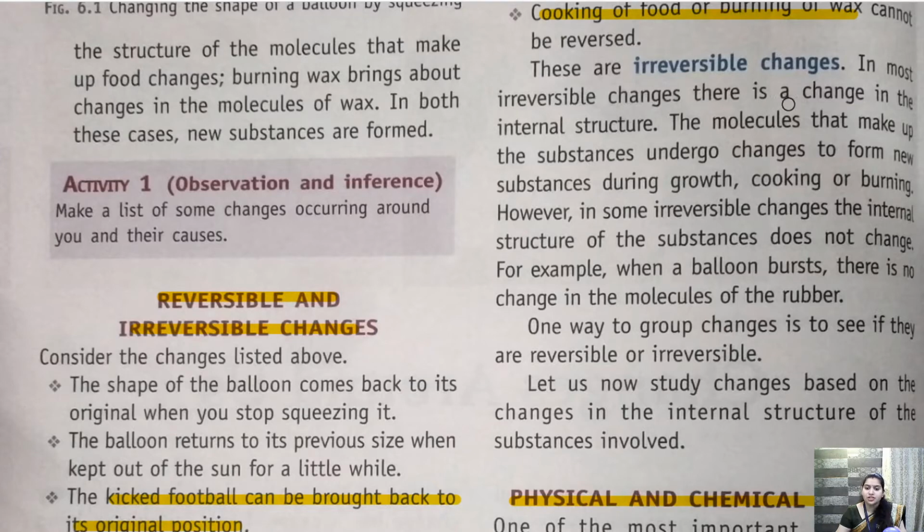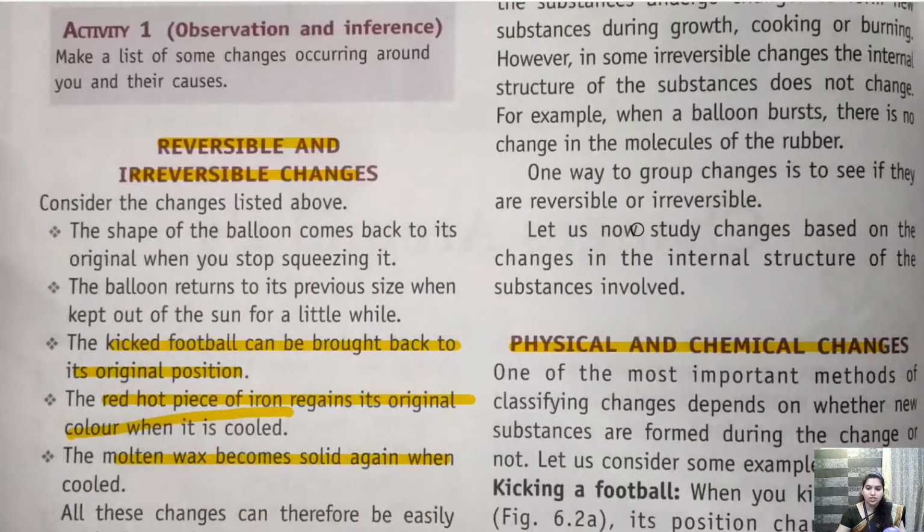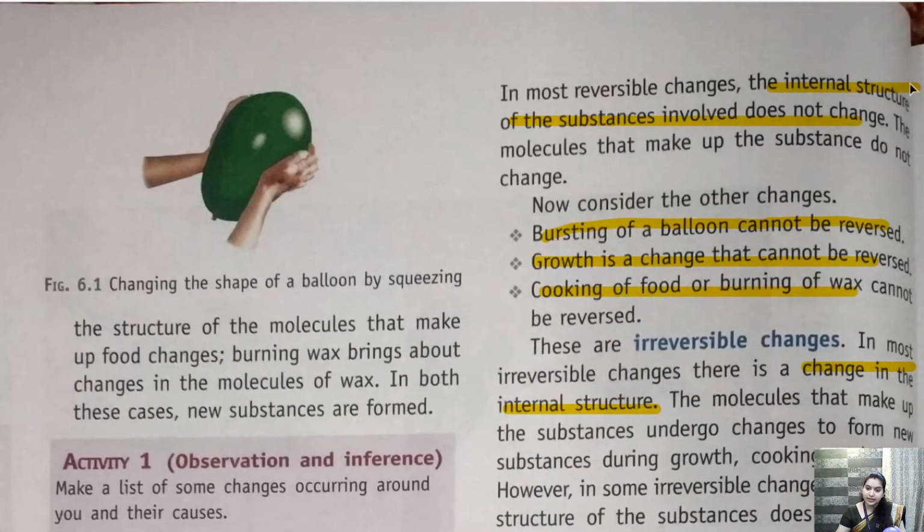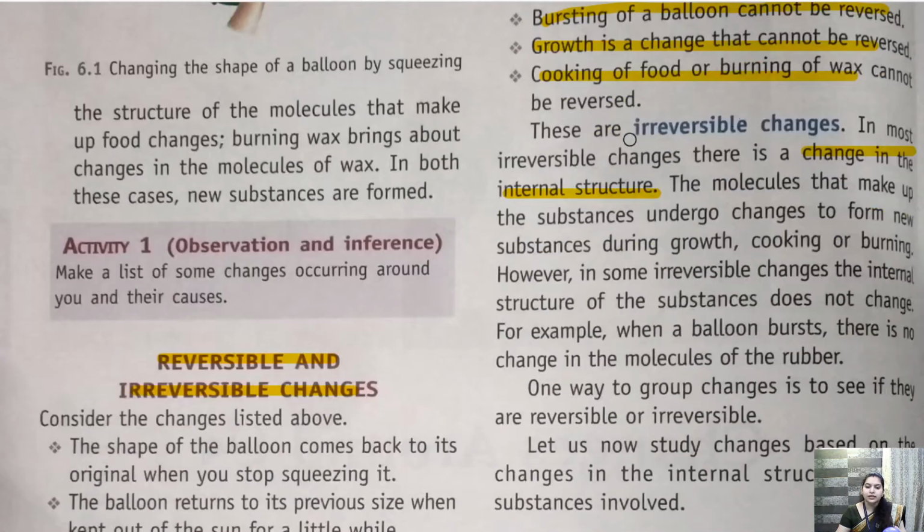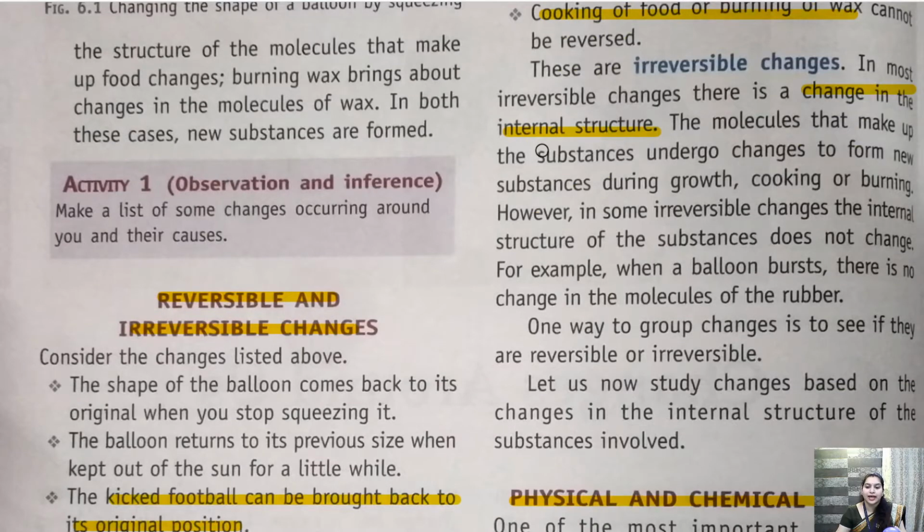In most irreversible changes, there is a change in internal structure. Now what is the difference between reversible and irreversible? In case of reversible change, the internal structure of the substance does not change. But if it is an irreversible change, the internal structure can change. The molecules that make up the substance undergo changes to form a new substance during growth, cooking, and burning.